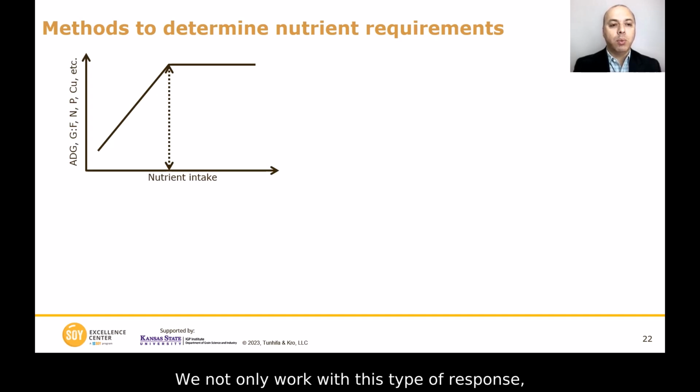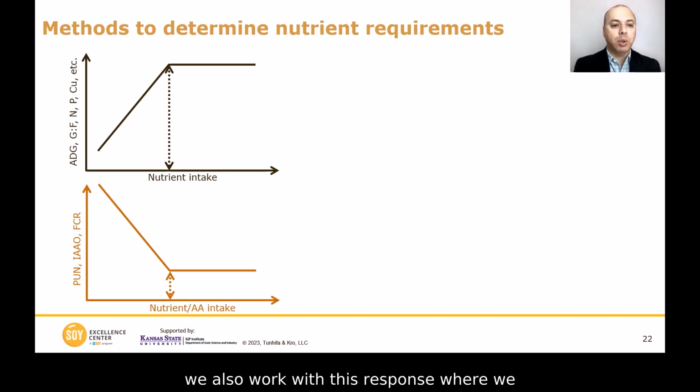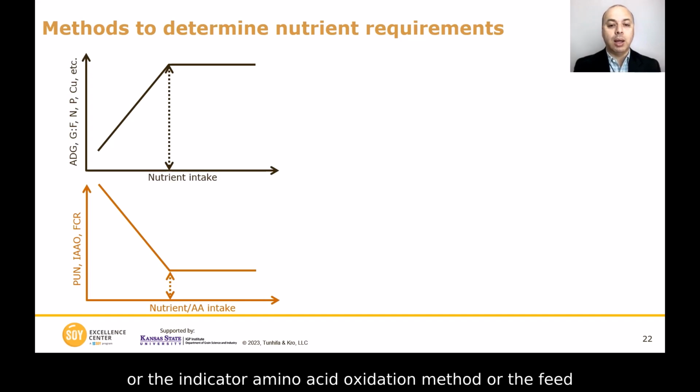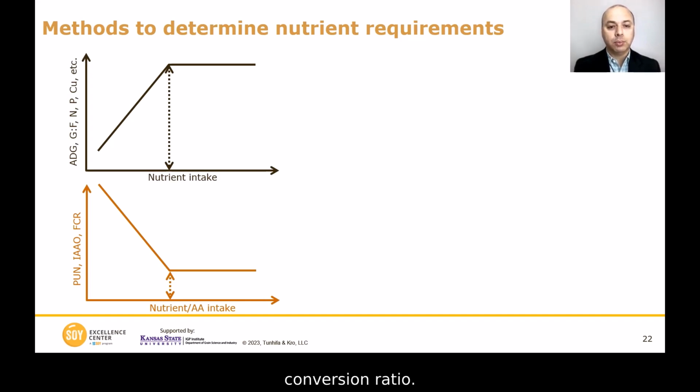We not only work with this type of response, we also work with a decreasing response, where as nutrient intake increases, our response variable decreases. This is the example of plasma urea nitrogen, or the indicator amino acid oxidation method, or the feed conversion ratio.